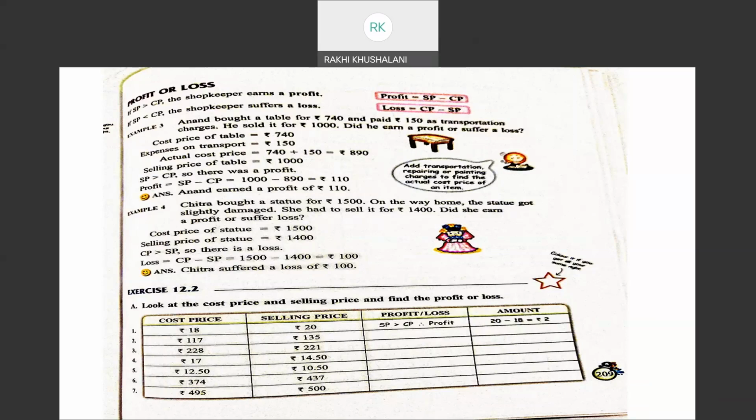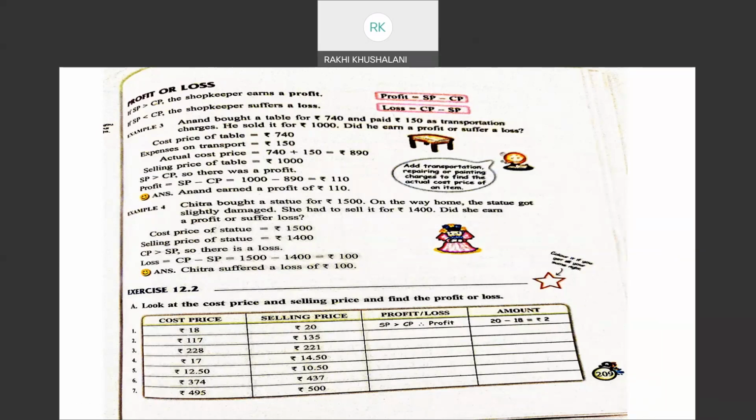So all this is called overhead charges. What are they called? Overhead charges. When you read 7th standard, 8th standard, you will be doing a lot of things on this topic. But right now, this is more than enough for you to know that this is called overhead charges. So his cost price for whatever buying he has done, if he did buying of 20,000, his cost is not 20,000.